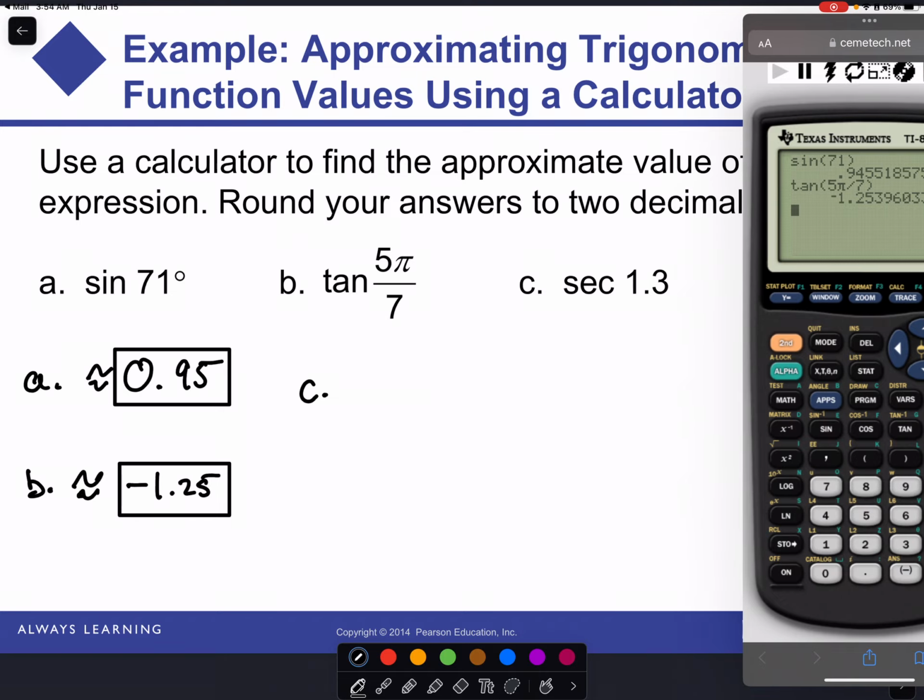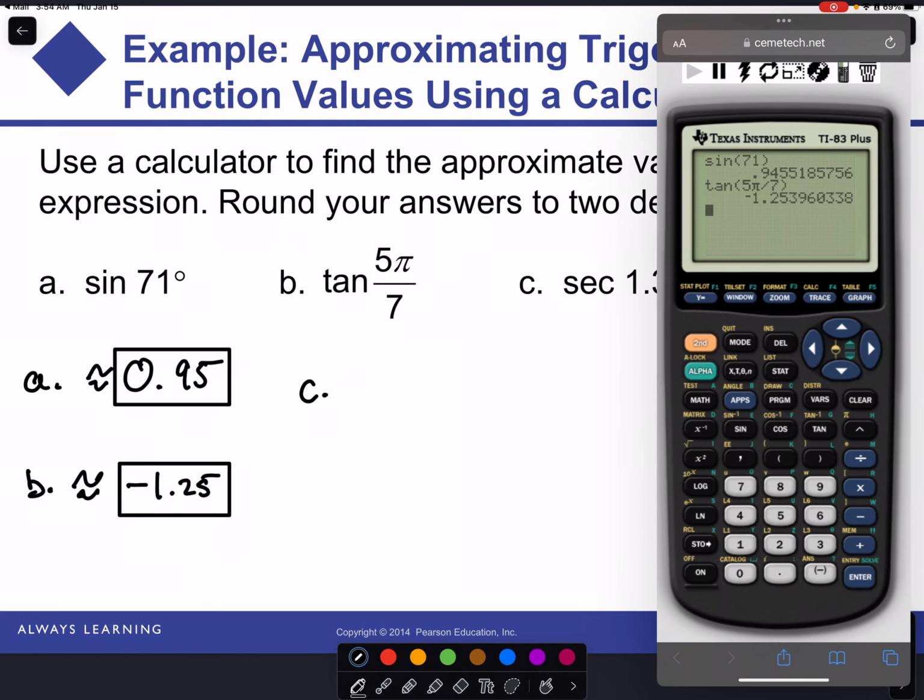So we should be able to do 1 over the cosine of 1.3. Make sure it's in radians. 1 over the cosine of 1.3. That's 3.74.